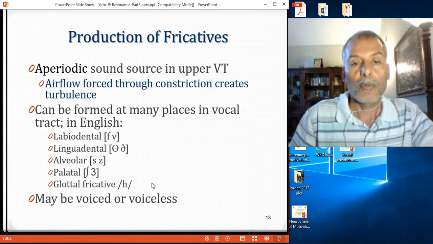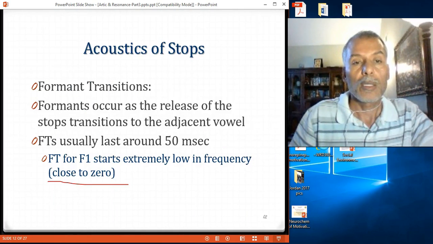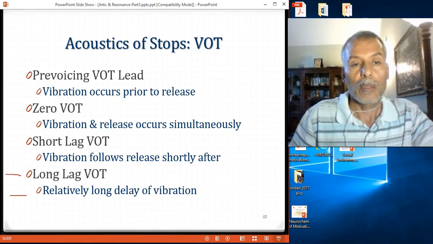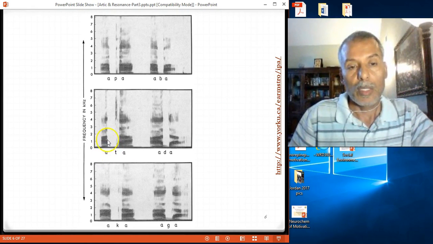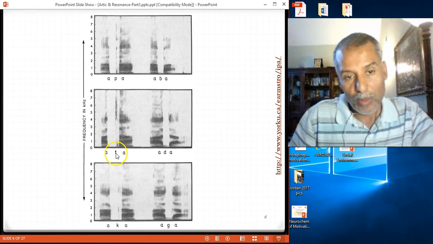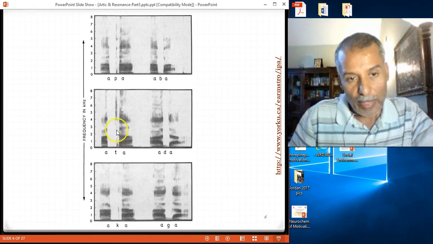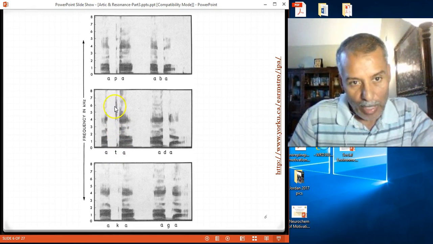So if you look at the transition here, you want to say that that is a little transition where you make some air aspiration noise here, and then you transition to the sound.